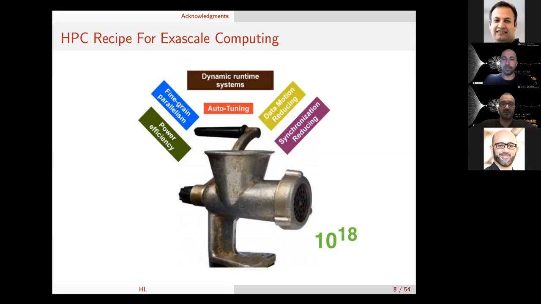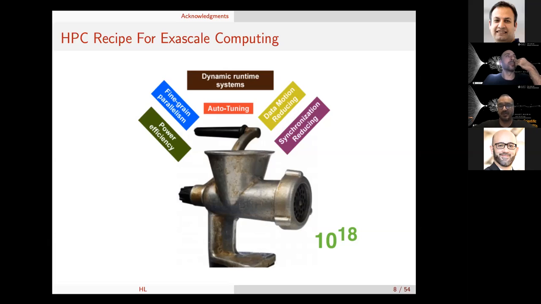So we try to abstract the hardware complexity, and to that end we use dynamic runtime systems. We abstract the processing unit, whether it's a GPU, a CPU, or any other processing unit, by using runtime systems, and we hand this hot potato of orchestrating the various tasks on the various processing units to the runtime systems.